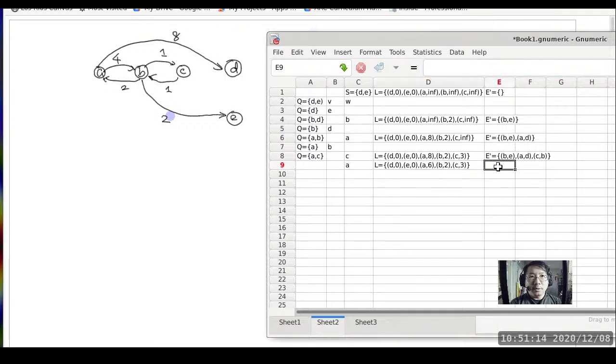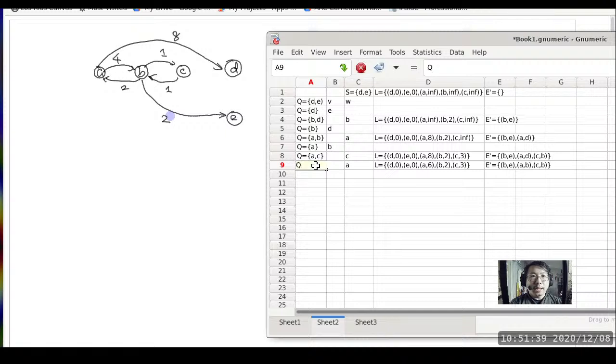But that means, this time we got actual work to do as far as E prime is concerned, because there is an edge coming from A already going to vertex D. We have to get rid of that. But in addition to getting rid of AD, we also have to add AB as an edge. So I'm just sort of replacing AD with AB, but these two are from separate steps in the algorithm.